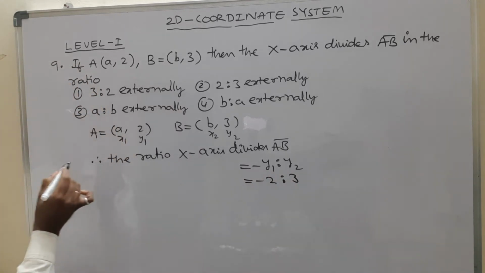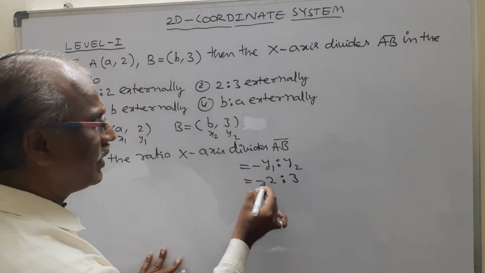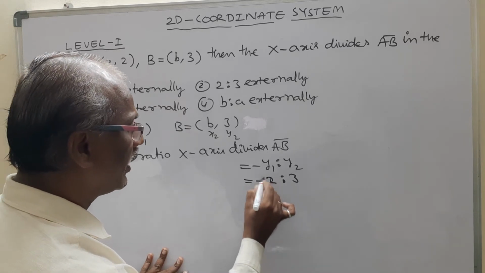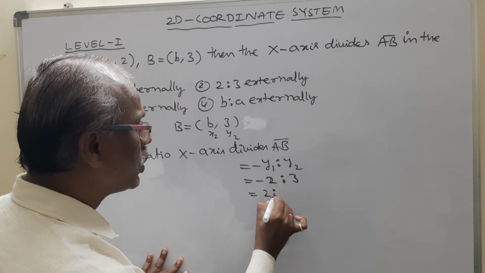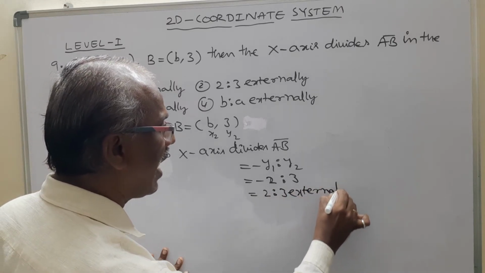In the options, all are in sentence form. If a negative ratio is there, this is 2 is to 3 externally.